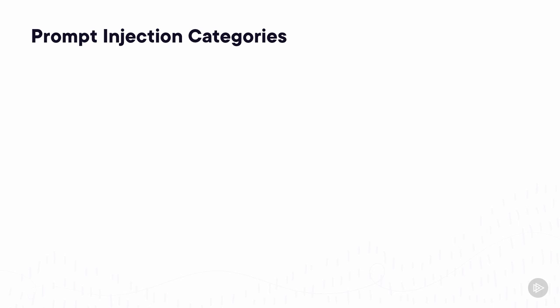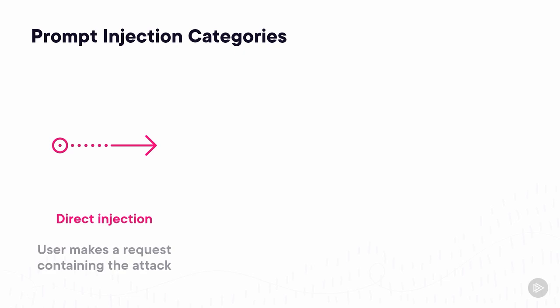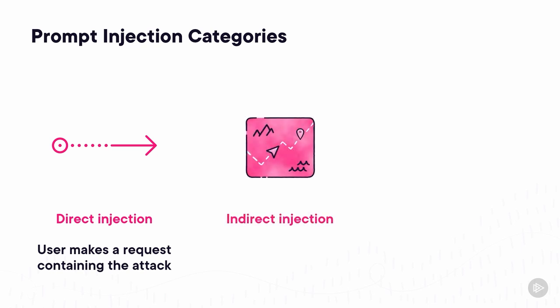Prompt injection falls into three main categories. Direct injection is where the user makes a request. "Ignore previous instructions and do malicious things" is a good example of direct injection. Indirect injection is where the injection doesn't come directly from the user input.